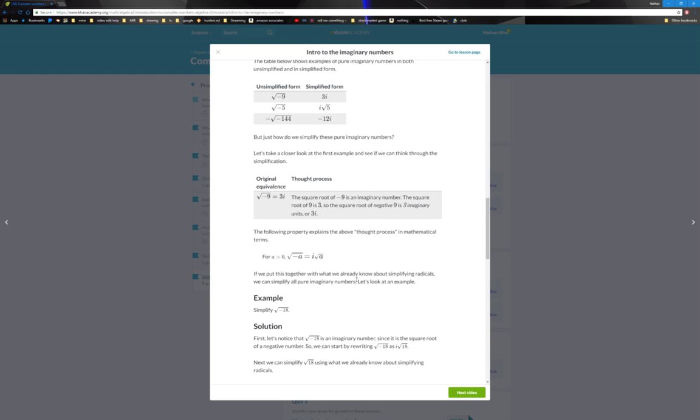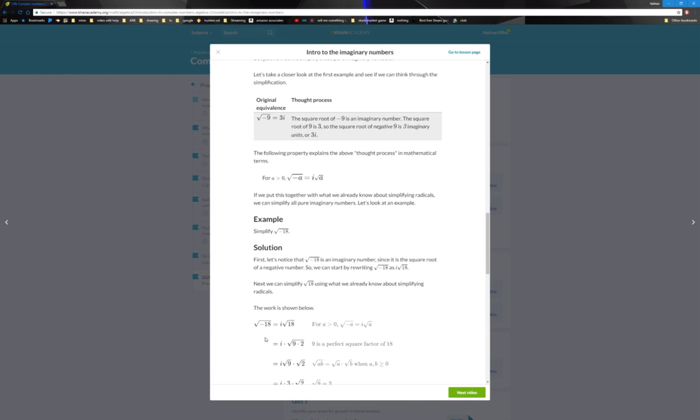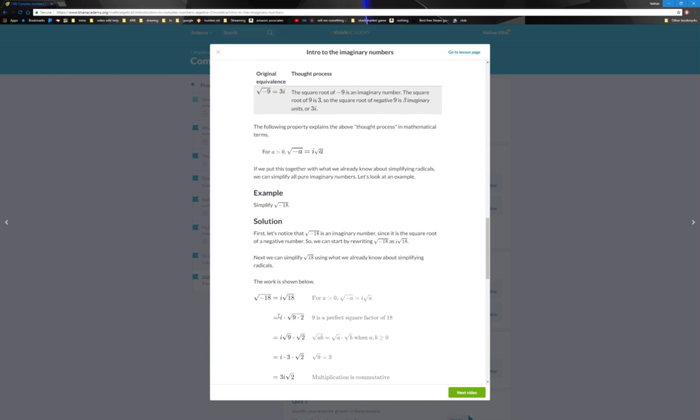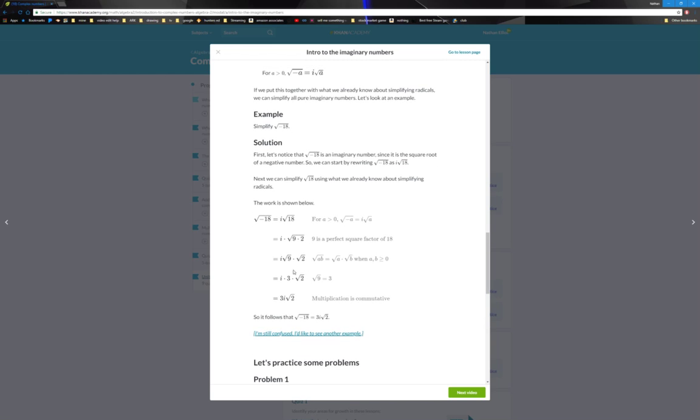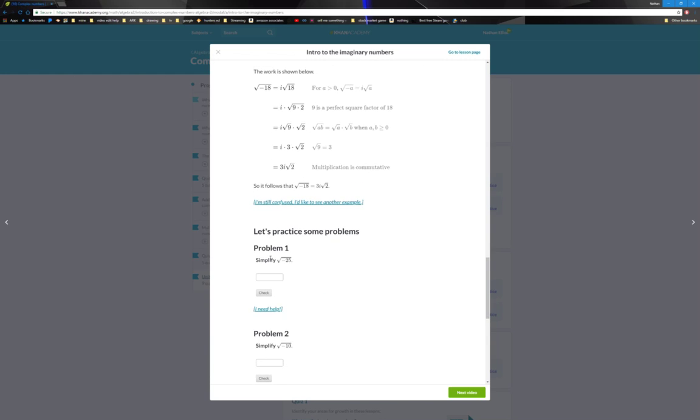The square root of 18 doesn't come out clean, so it'd be i square root 18, and that's sort of what they did here. Or you could do i square root of 9 times 2, and then they took out the 3, so 3i square root 2.